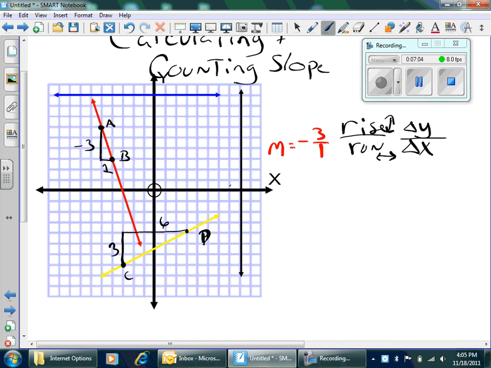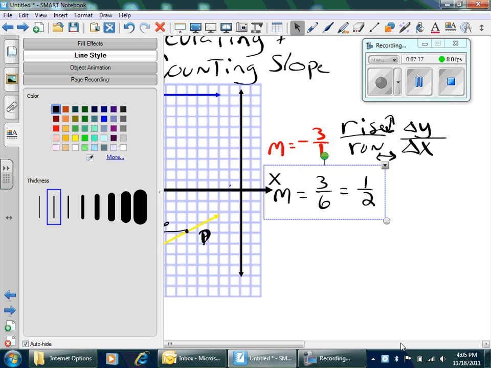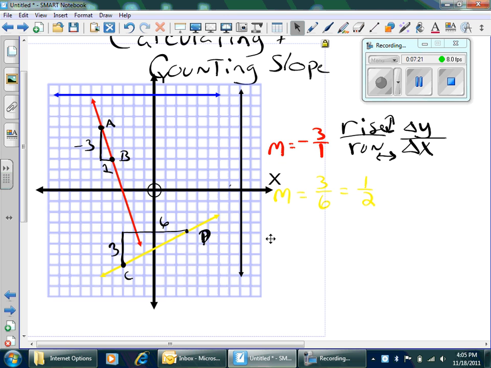So the slope of the yellow line, I'll change that to yellow in a minute, is 3/6, which simplifies to 1/2. And notice it's a positive slope, isn't it? Yeah, and it's going up to the right. To me, it looks like it's going uphill. And there you go. There's your yellow one in case you're following along at home.